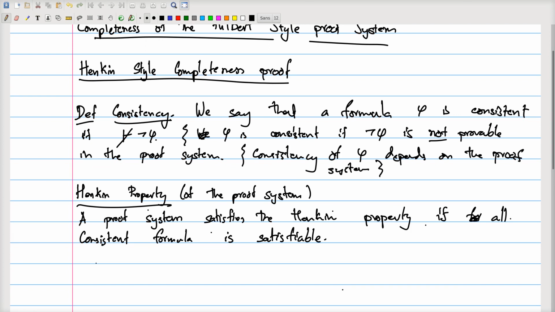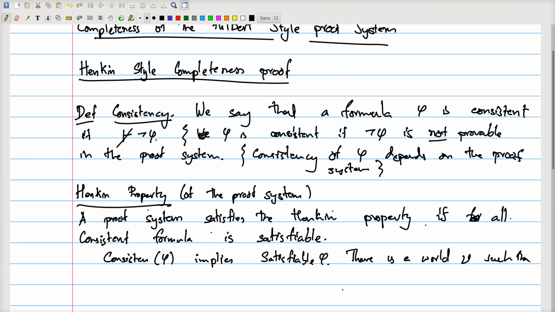Okay, so that means: consistent phi implies satisfiable, which is to say that there is a world such that in that world phi is true. So it is a model for phi.